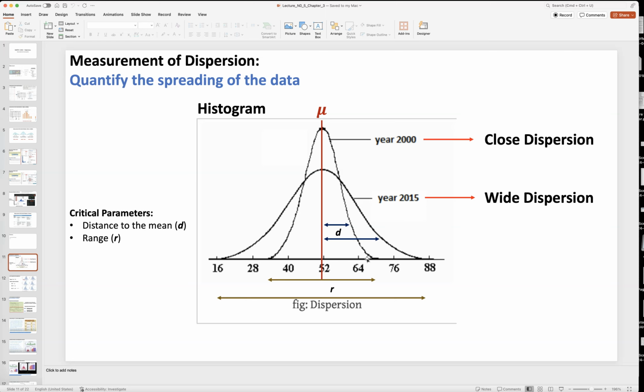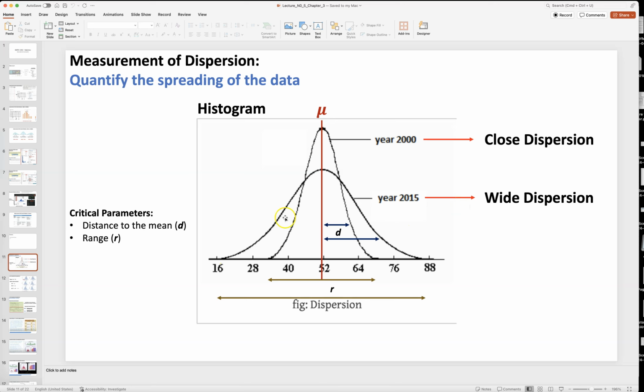For instance, the mean. If you say my data is more spread with respect to the mean, that is very important, because you know the mean is the central tendency of the data. This is another way to measure the dispersion.